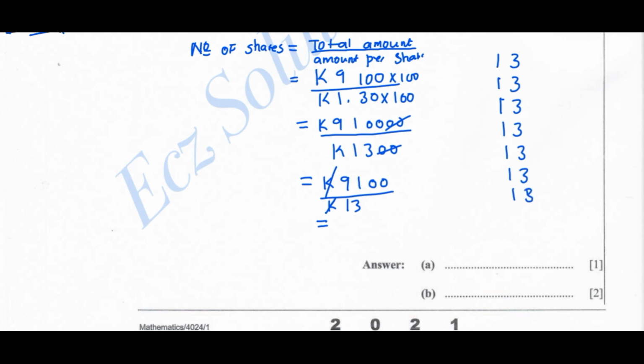So we want 1, 2, 3, 4, 5, 6, 7. So 13 can go into 91 seven times. So our final answer will be 700 shares. That's how you do whenever you encounter a question like this.